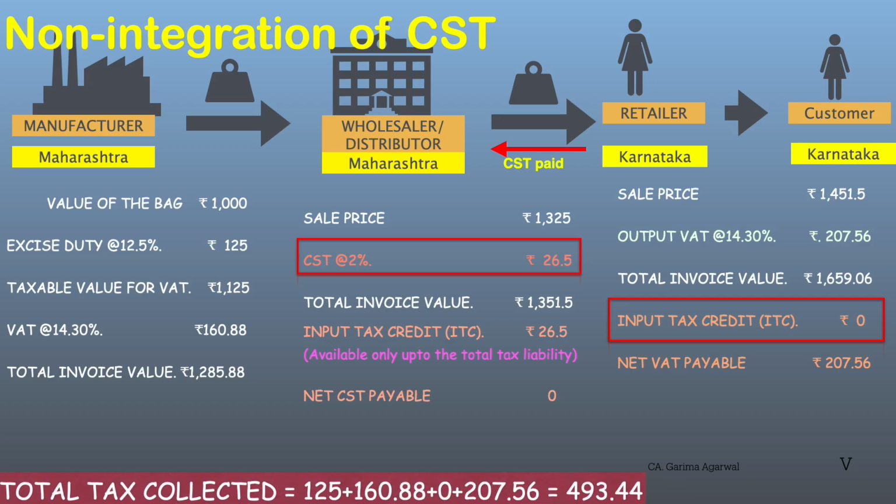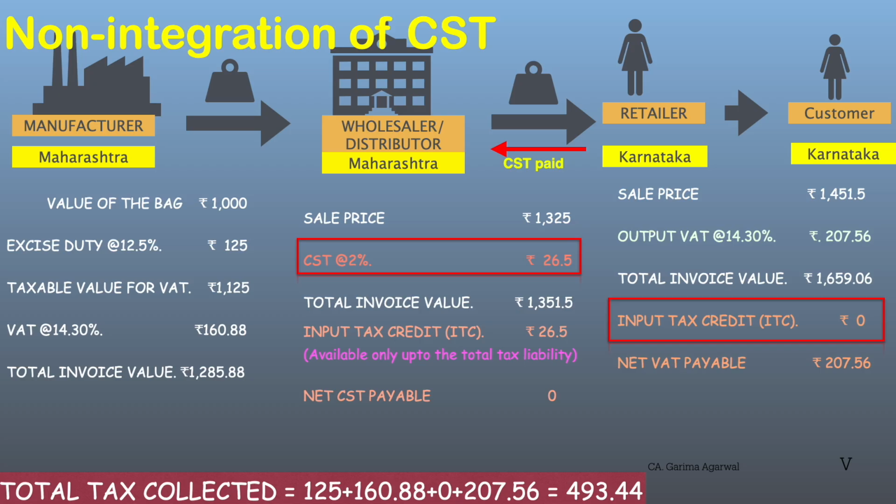It is important to note that CST was enacted by the central government, but it was levied and collected by the respective states. The distributor will get full input tax credit on the CST collected and paid by him to the Maharashtra government from the VAT he paid to the manufacturer, who was also in Maharashtra in this case, upon purchase.